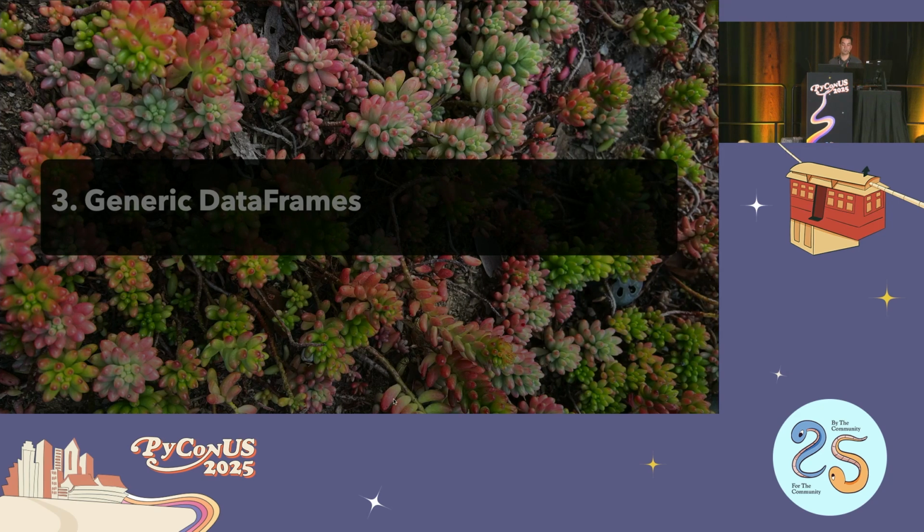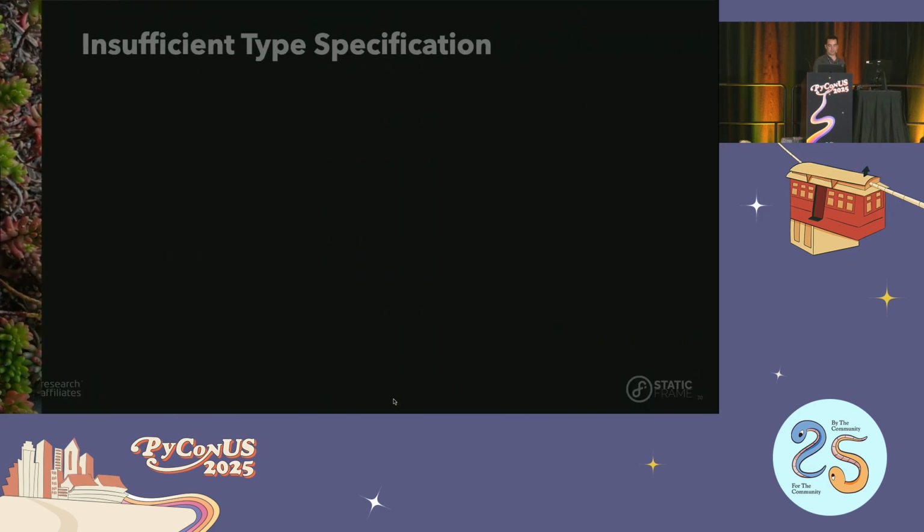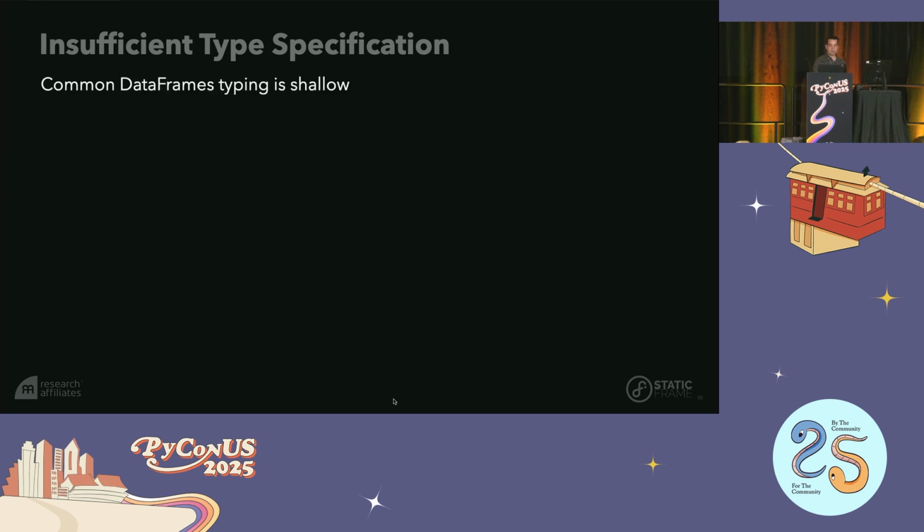All right, so now we can talk about what I think is a really compelling application of TypeVarTuple, which is implementing generic data frames. A lot of common usage of data frames in types is what I would say shallow.